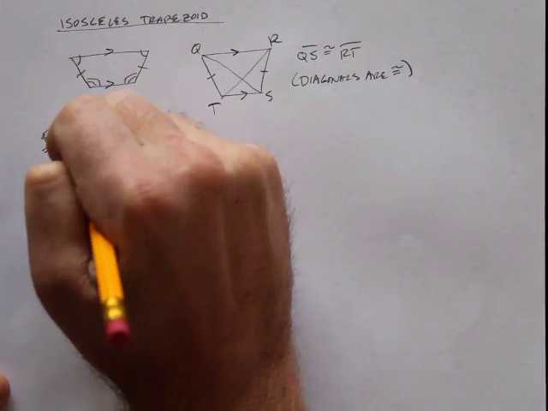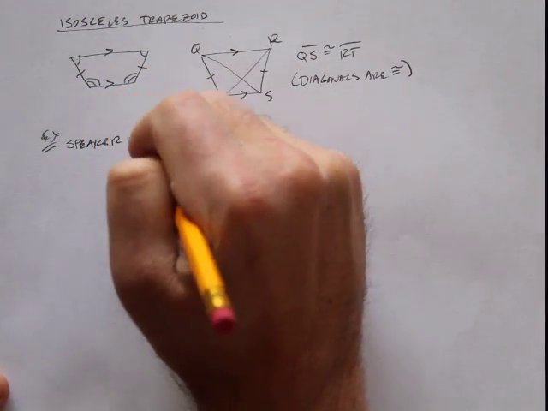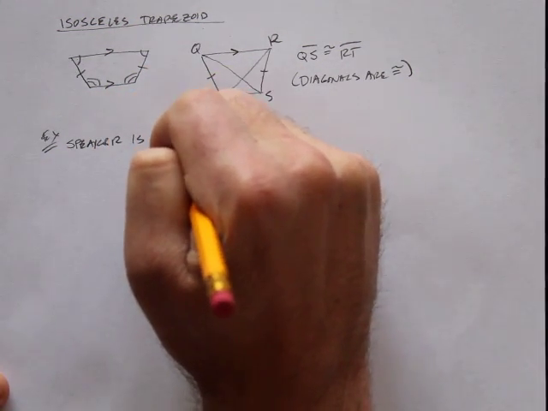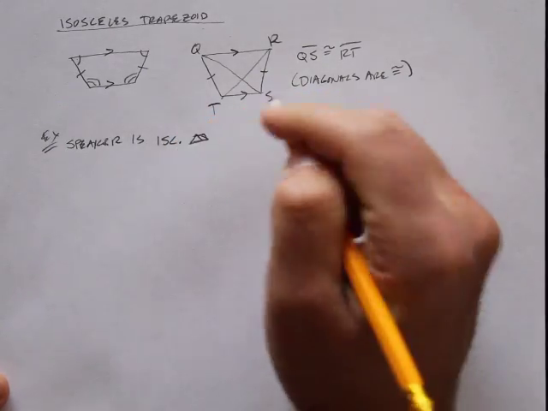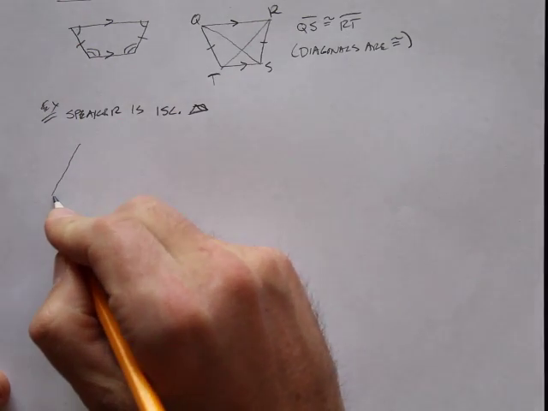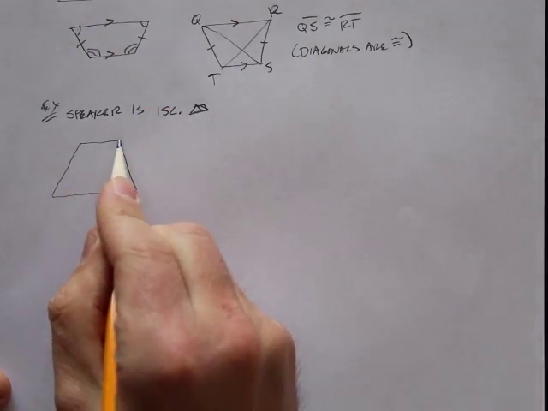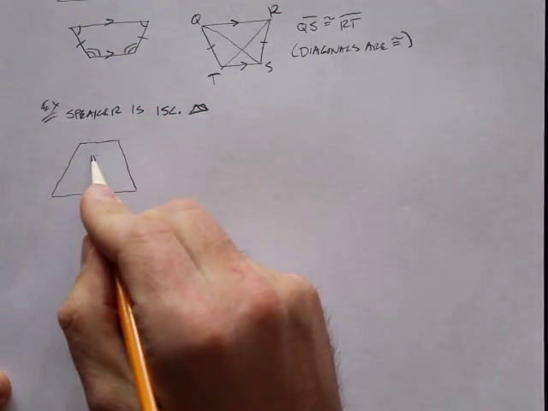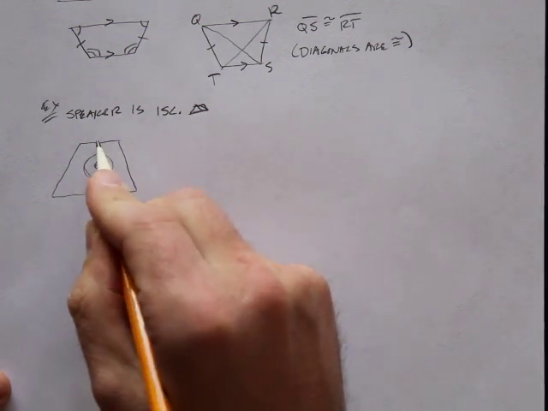So I've got this speaker, and it is an isosceles trapezoid. Okay, let's draw this speaker. It looks like this. And here's the speaker in the middle. So this is the cabinet, right?